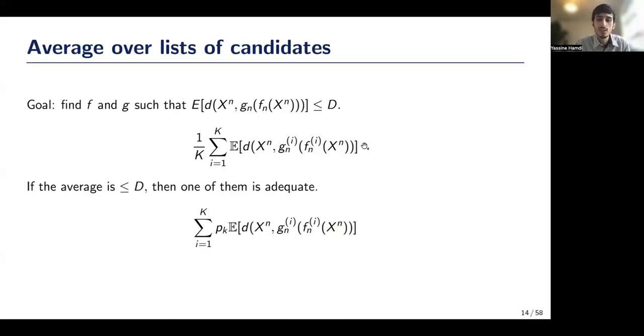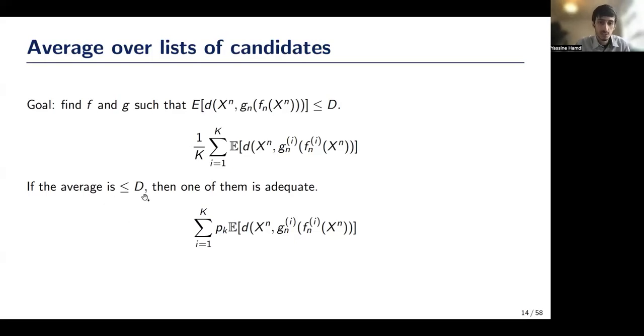Yeah, so the next step is this argument that if the average is smaller than D, then at least one is smaller than D. You can also apply it in a slightly different way by changing the weights in the arithmetic average. If you put any weights that sum to 1, so the pk sum to 1, then again we have the same argument.